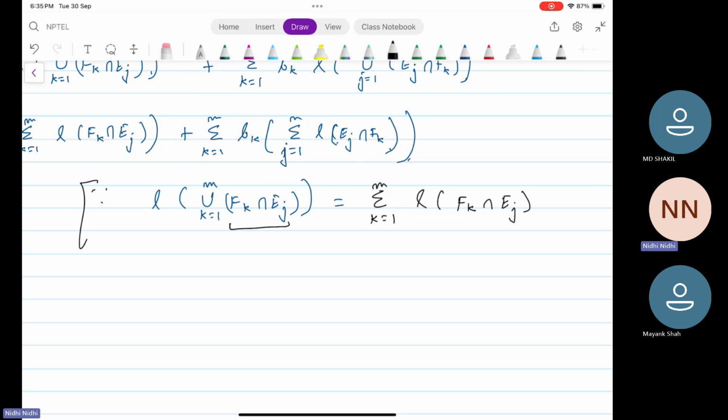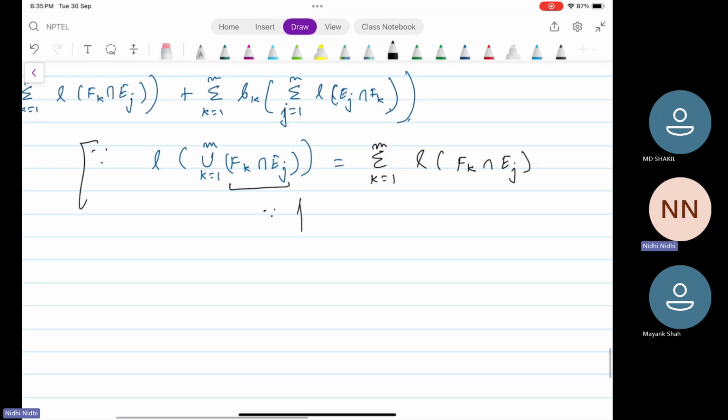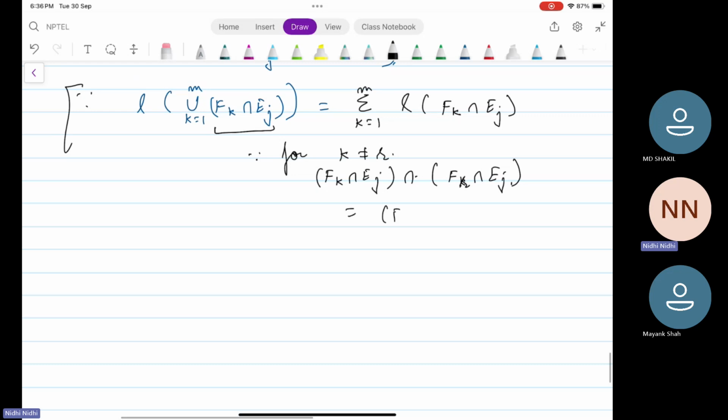We are able to do that because for any k not equal to r, we have fk intersection ej. You can see that in this case ej is fixed, so fk intersection ej intersected with fr intersection ej can be written as fk intersection fr intersection ej. Now since these fk's are pairwise disjoint, this will be empty.